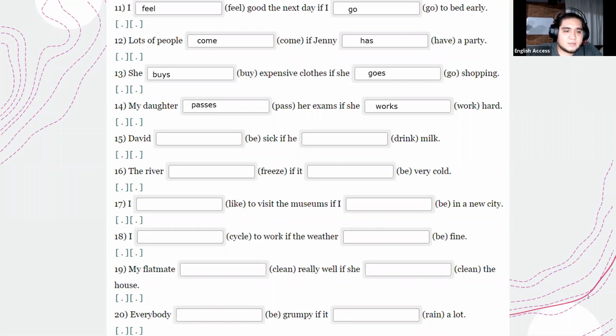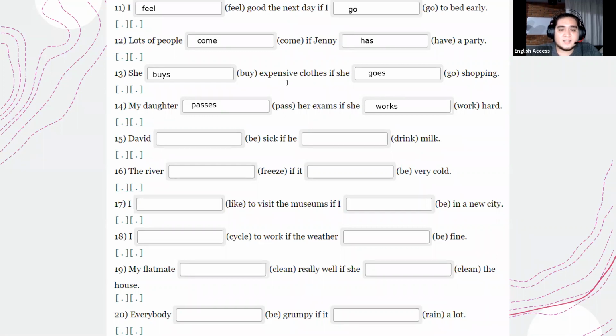Ela is asking a good question. She says number one could be, I will not feel good the next day if I don't go to bed early. It is valid, but right now we are seeing the zero conditional.